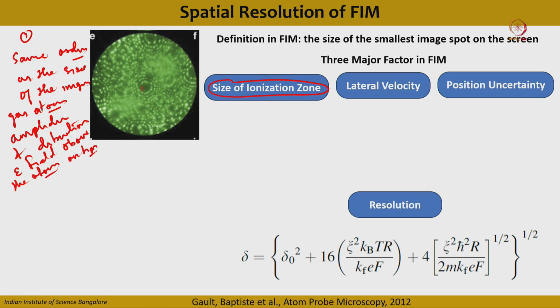So the two important critical factors are the amplitude and the distribution of the electric field.